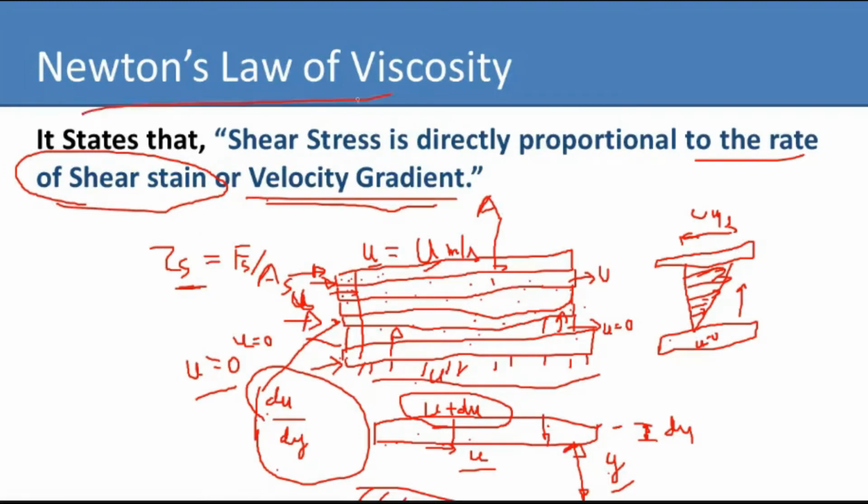As per Newton's law of viscosity, the shear stress applied is directly proportional to this rate of shear strain, or velocity gradient. Is this understood, what is Newton's law of viscosity?